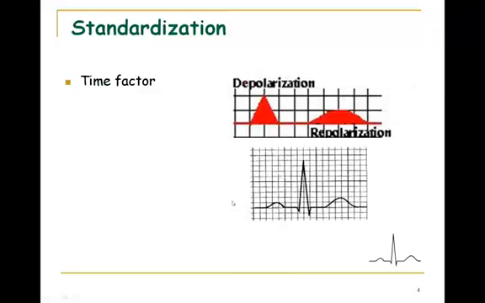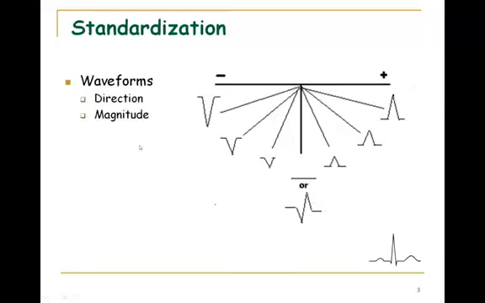Now, one thing I forgot to mention is that magnitude is also determined by the amount of muscle mass. The more muscle mass, the greater the deflection. The reason is that the more muscle, the more electrical activity, the larger the voltage that's going to be recorded.